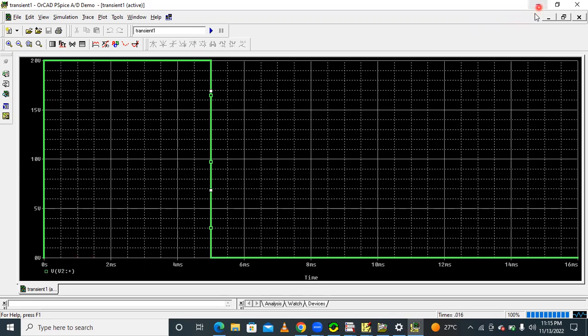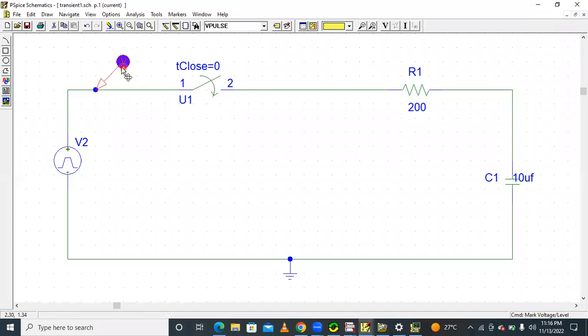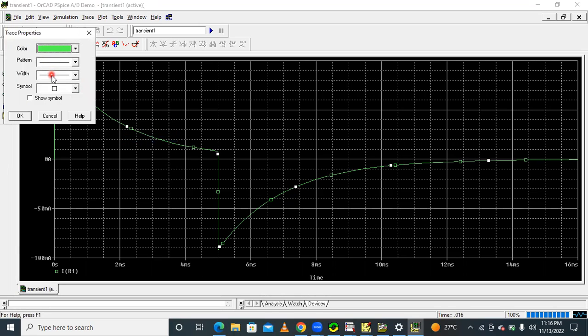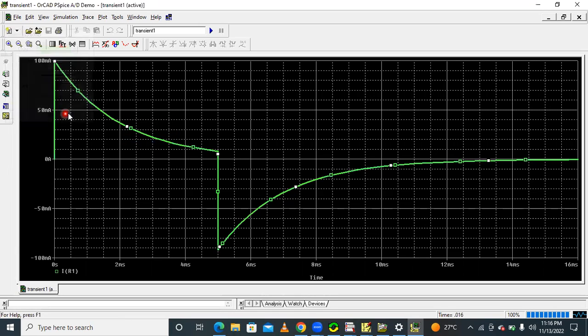This is our input voltage waveform, a pulse signal. Delete this, and then place one current marker at the resistor. How does the current change in series? We have to observe how this current wave changes. Then click the run icon, and the current changes like this.